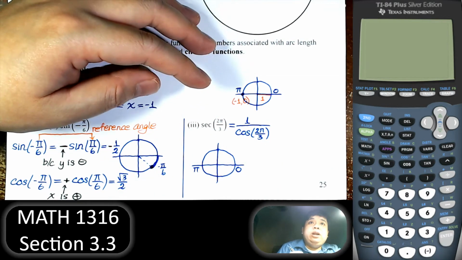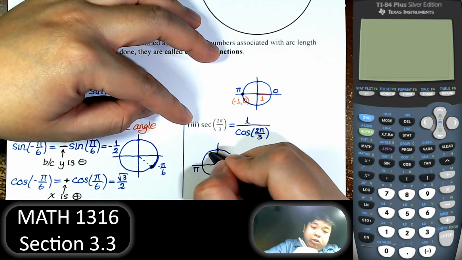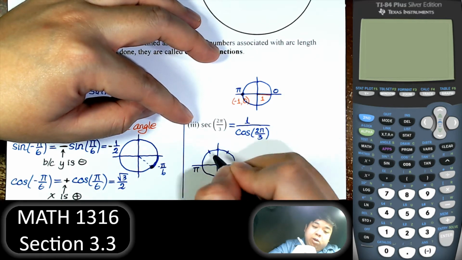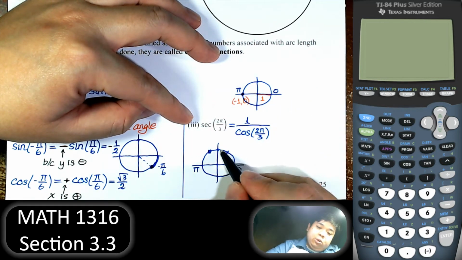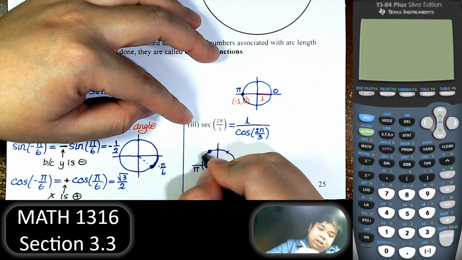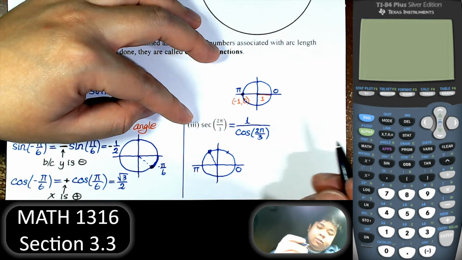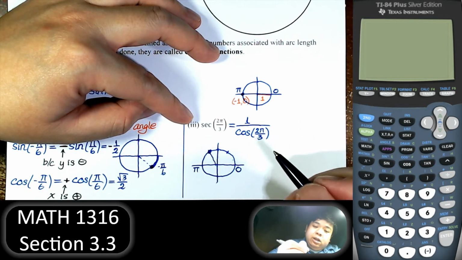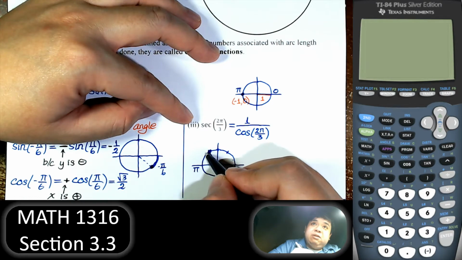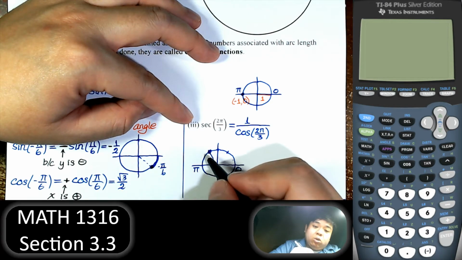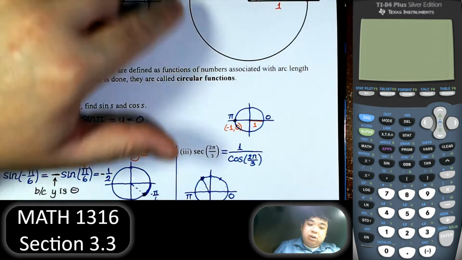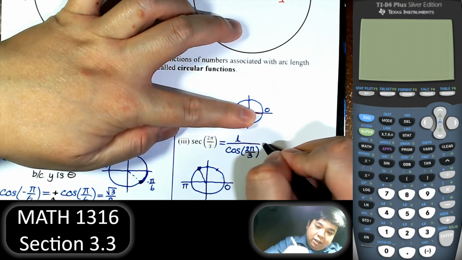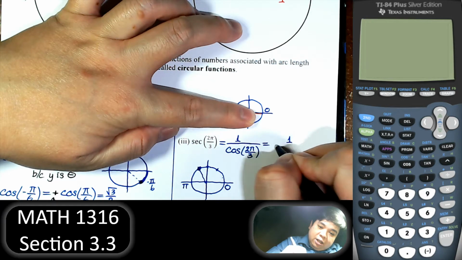If we divide this into 3 pieces, 2 pi over 3 will be over here, 2 out of 3. And at this point, x is negative, y is positive. And the cosine definition is the x value. So in this case, we can just say this is equal to 1 over cosine.